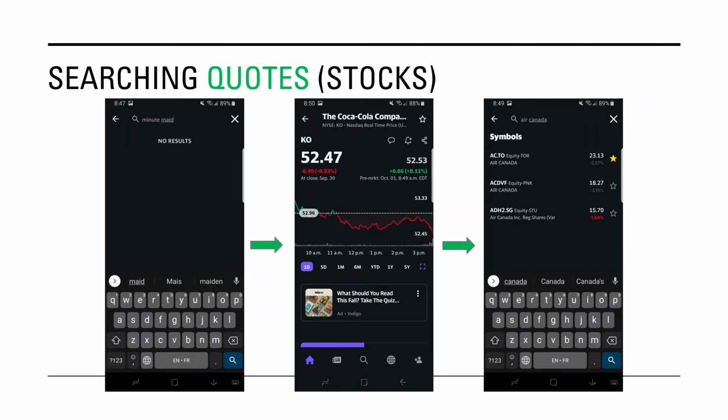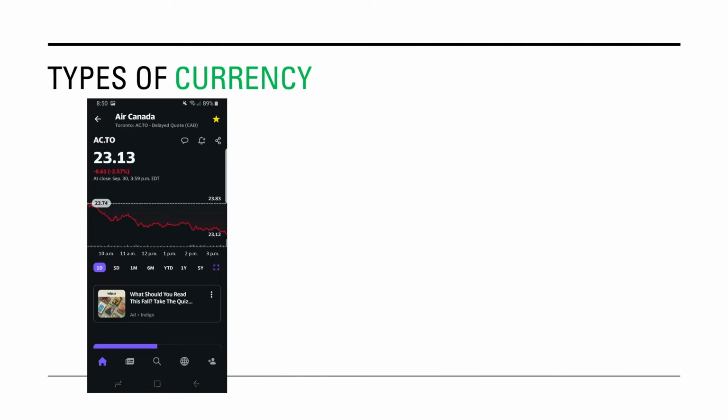If you search for certain companies, you're gonna find that there are different types of equity because they are on different markets. So, for example, the first one, TO, is on the Toronto Stock Exchange. So you need to buy and exchange it in Canadian dollars.